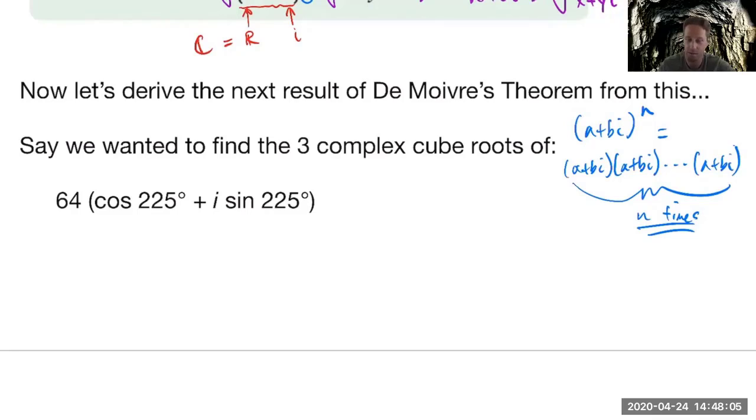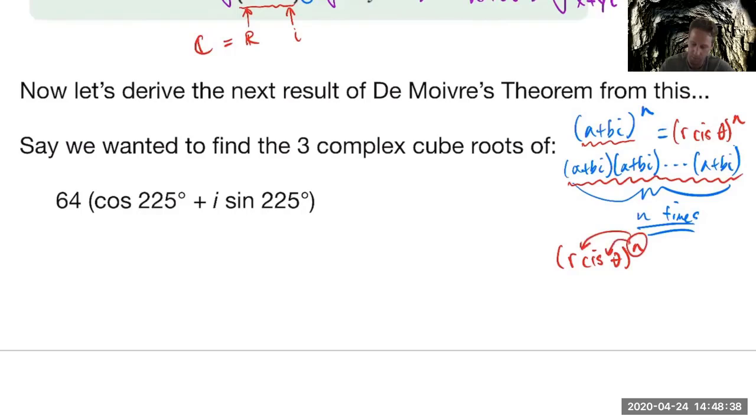So what de Moivre discovered was, well, if I knew that form of my complex number that's currently in rectangular, and I applied it to its polar counterpart, then instead of having to multiply it all out and FOIL and distribute and simplify, we could just use de Moivre's theorem, which said we would then have r to the n cis n times theta.